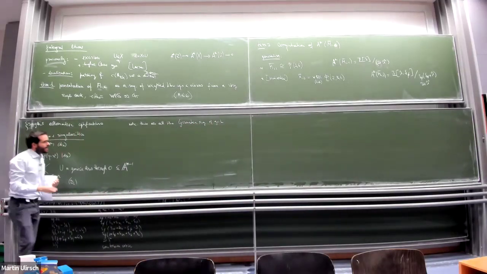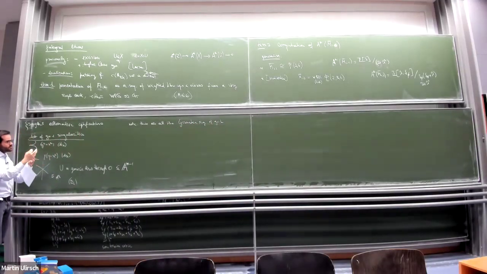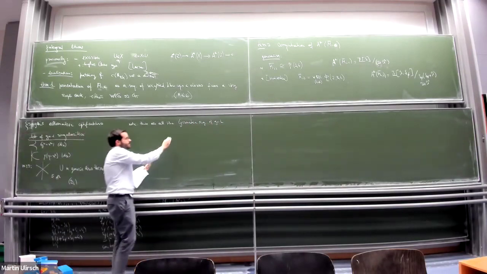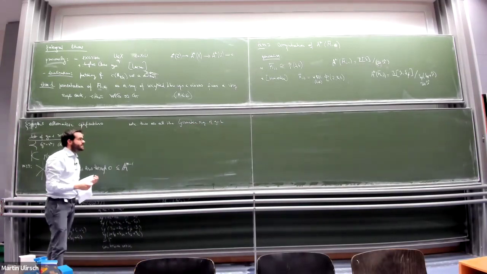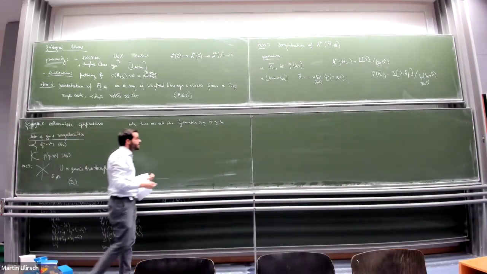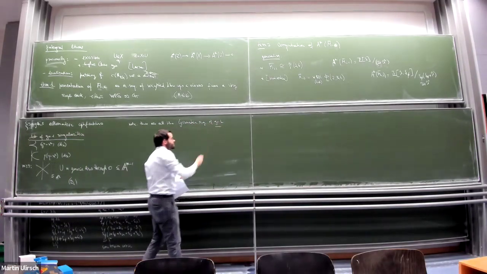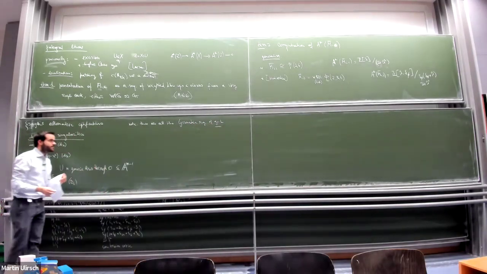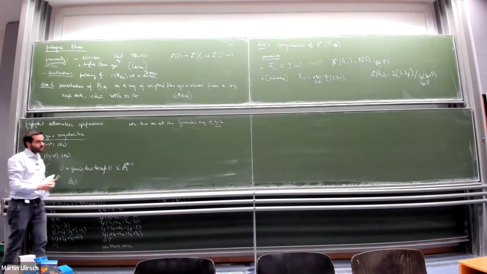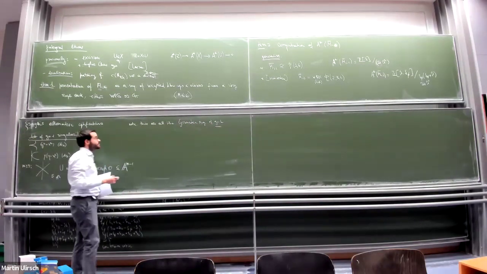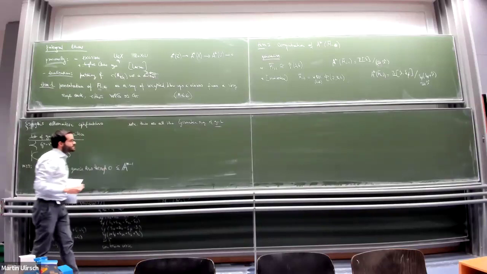And I'm not telling you what Gorenstein is, perhaps the dualizing sheaf is actually a line bundle. And I'm not telling you what the delta invariant of the singularity is, but you can think of it as the local contribution of the singular point to the genus of a projective curve. Okay, but this doesn't matter so much.